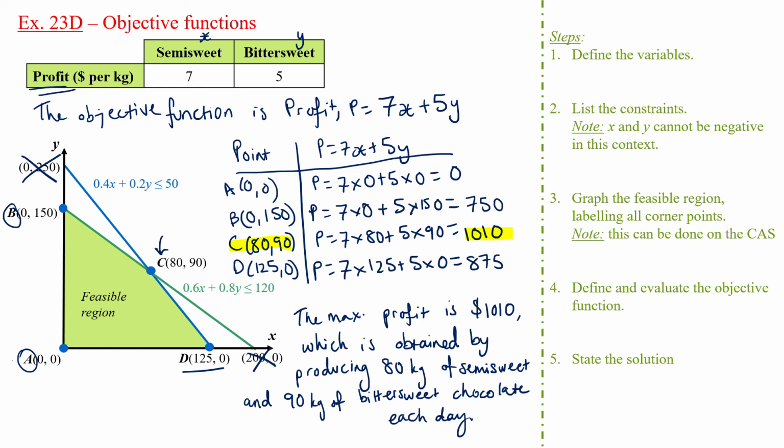That can be done on your CAS, including the feasible region and the shading for the region. And then we evaluate the objective function at each corner point to decide what our solution would be. So 5 steps to that one. Some of them are quite large steps, yes, but definitely the same steps for every single situation.